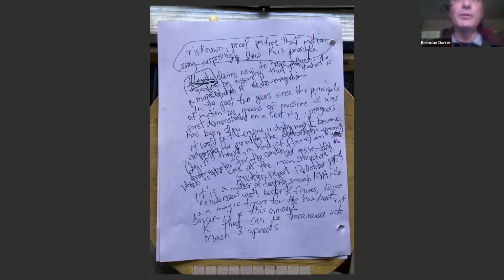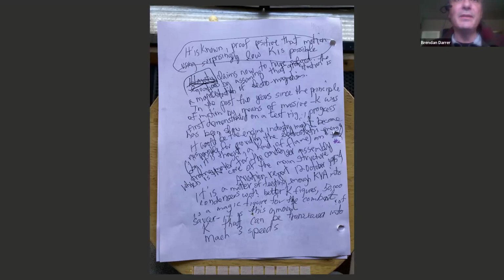Aviation Report, 12th of October 1954. It is a matter of freeing enough kVA, kilovolt amps, into the condensers with better K figures. 50,000 is a magic figure for the combat saucer.